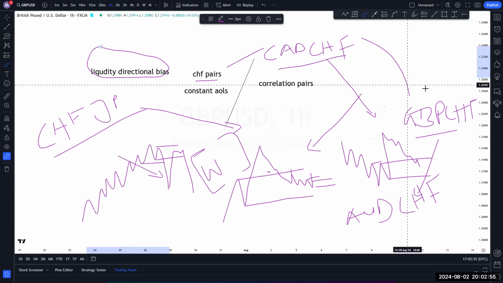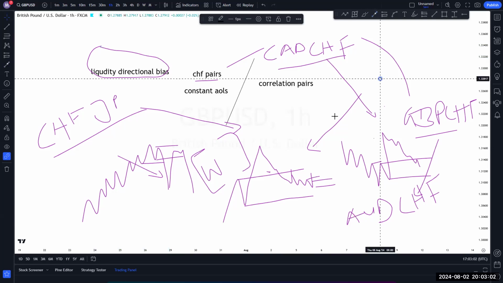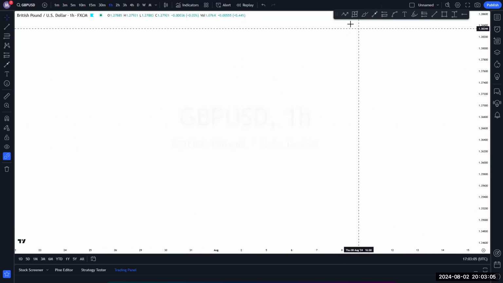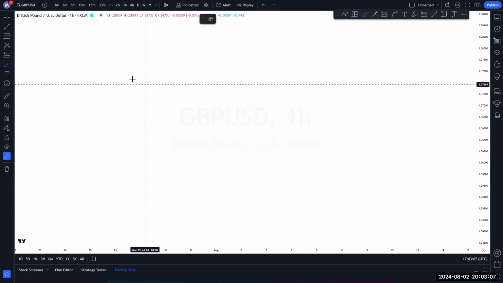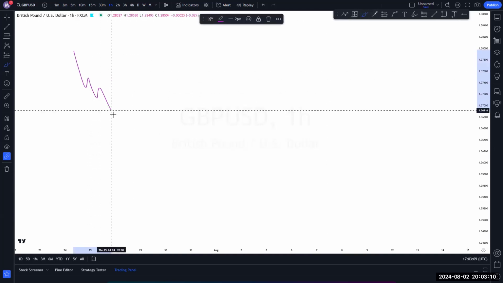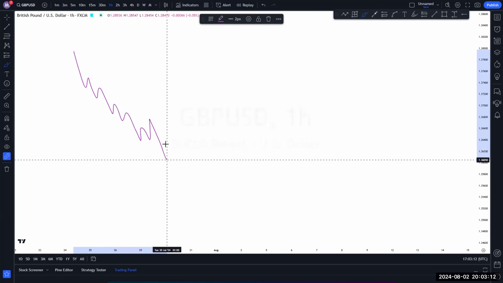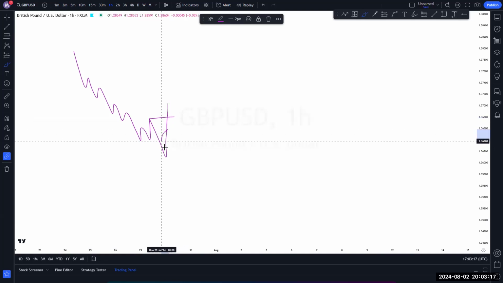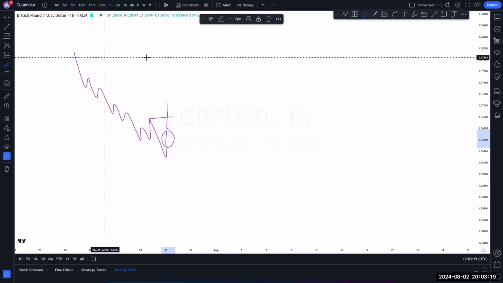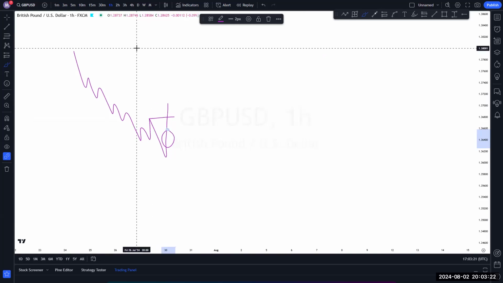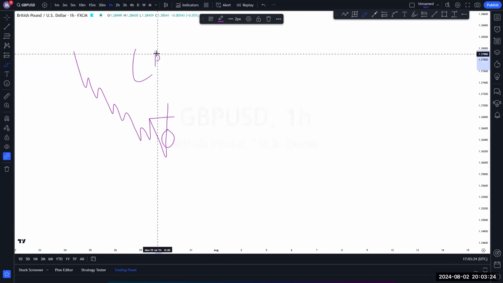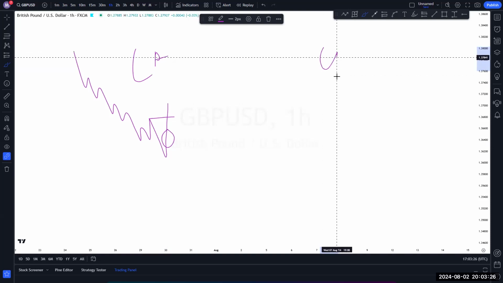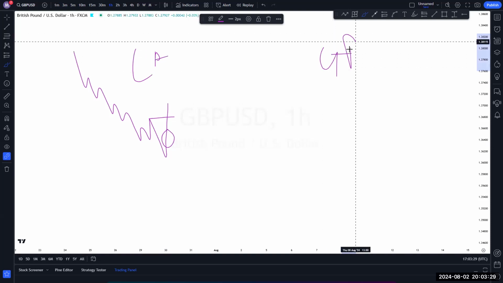Because sometimes you may be having a structure on CHF JPY, structure like this, formed a shift point and no area of liquidity. Okay, so when you go now to GBP, this is CAD CHF, this is CAD, and this is GBP.